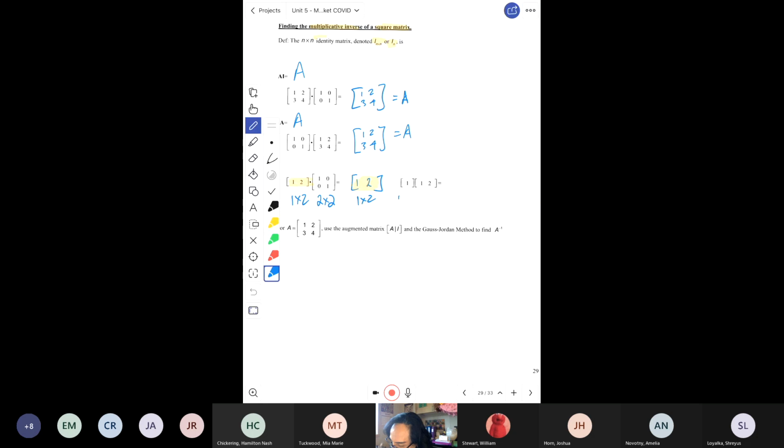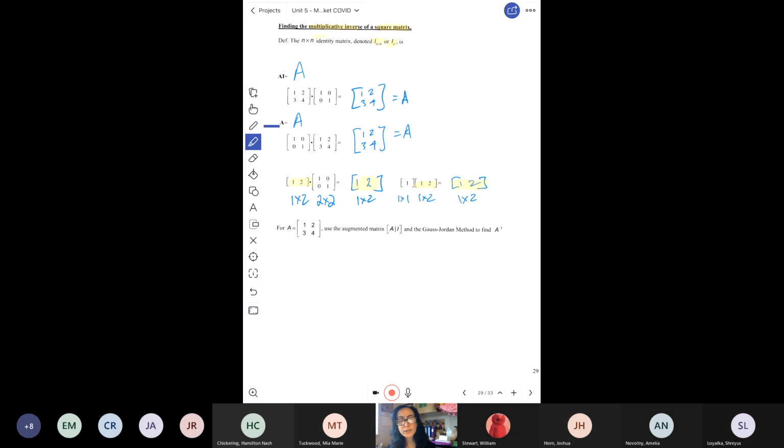So if I have a 1 by 1 and a 1 by 2, can I multiply those together? Yes. And what is the order of the product going to be? 1 by 2. And what is that matrix going to be? 1, 2. Exactly. So do you see how that works with the identity matrix?